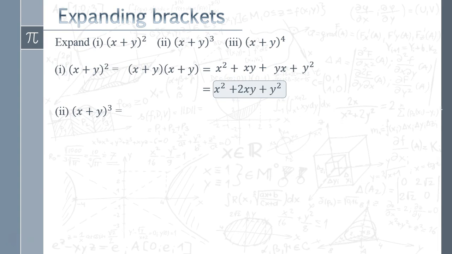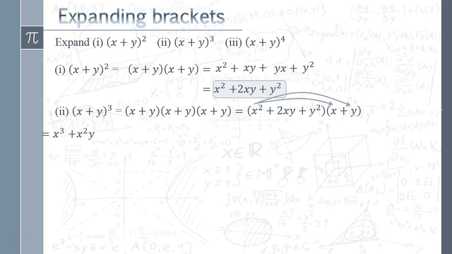For the same bracket cubed, same idea. So what I'm going to do is take my squared bracket and multiply it by one more bracket of x plus y. And again, if you're doing these, you need to make sure that you have a real logic and order to how you're doing things, otherwise you miss terms out. So what I'm going to do is take the x squared term and times by the x, and then times by the y, then do the same for the middle term, and so on. So there's the x squared times by x, and x squared times by y.